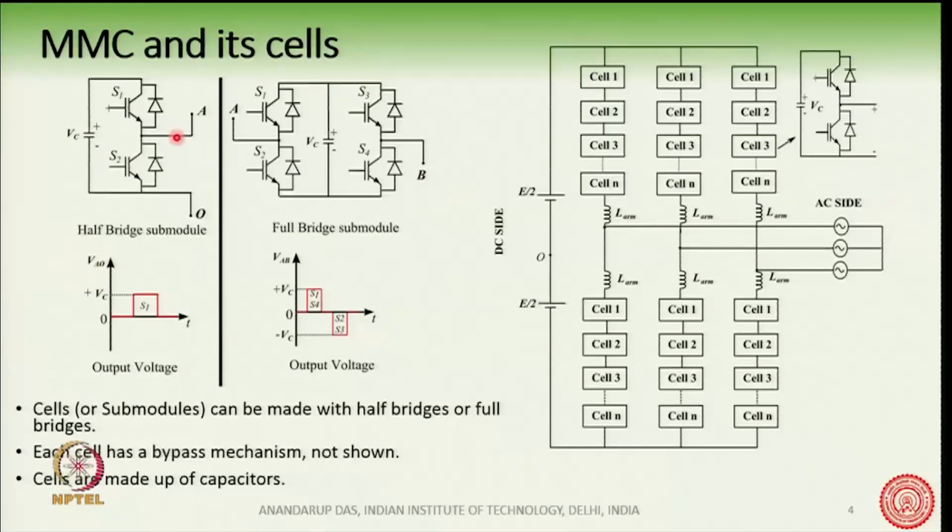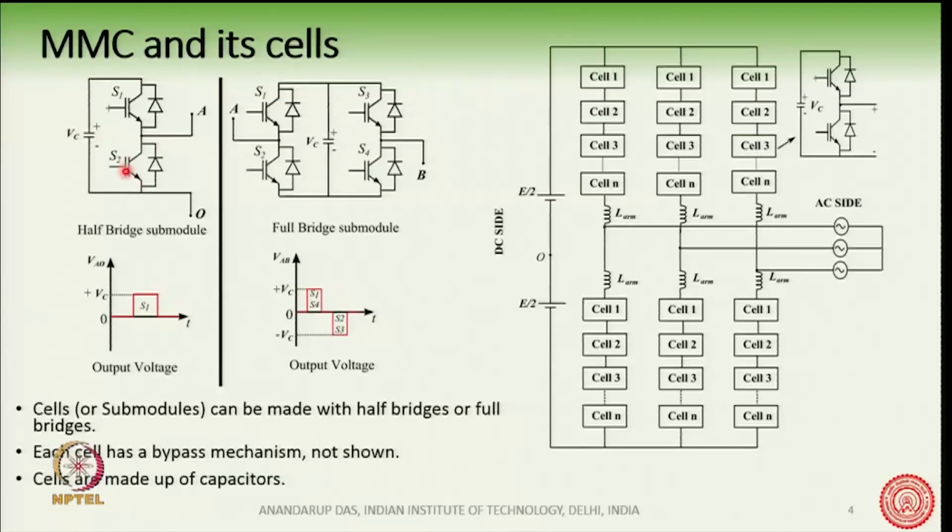Now, if we see this half bridge submodule, the terminal voltage is called the output voltage VAO. If I turn on switch S1, then VAO is equal to Vc.